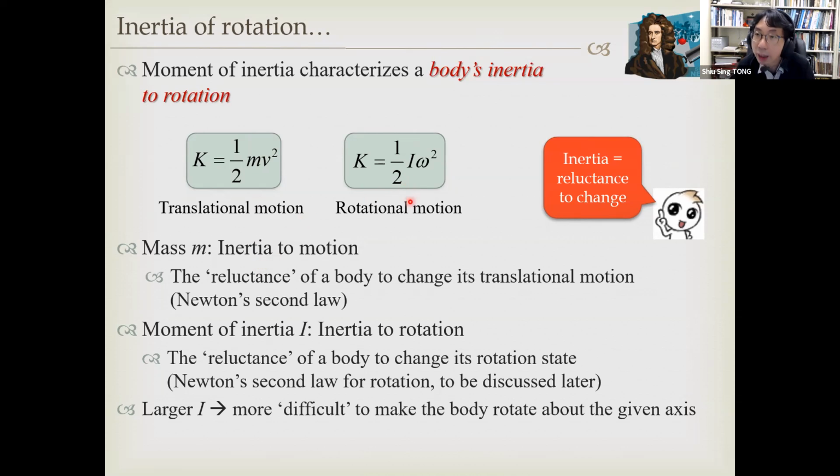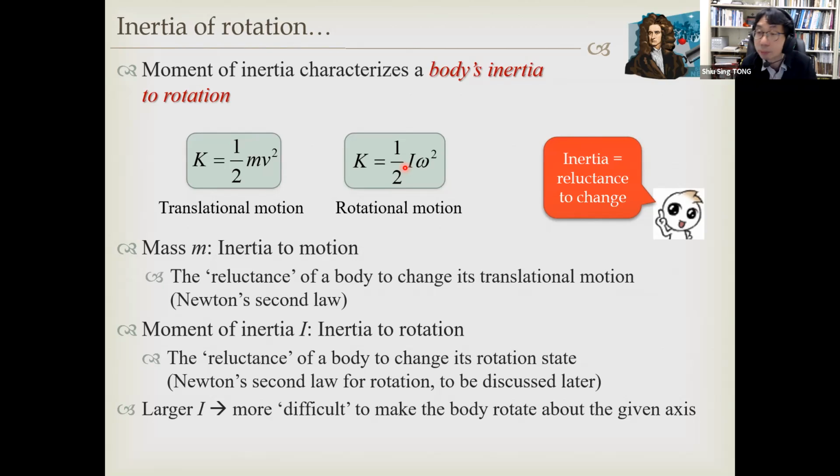But how about I? I reflects the inertia of a body to change its rotational motion. If your body has a larger I about a certain axis, it is more difficult for you to set the object into rotation. You have to use a larger moment, or larger torque. Moment you learned in high school: it is a force multiplied by the distance, which is the turning effect of a force.